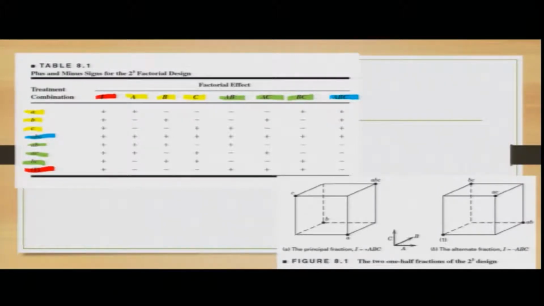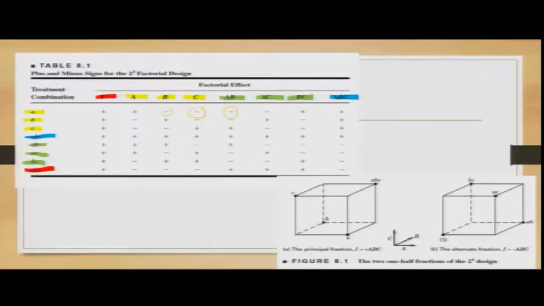If you consider A's effect, it is not there for B, hence it is minus. It is not there for C, and the effect of A on the combination AB and on the combination AC are insignificant, hence they are minus here.